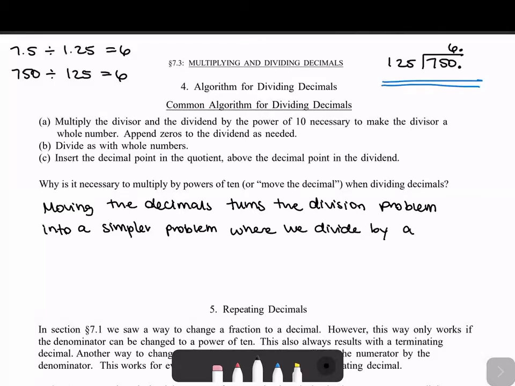The whole point of this algorithm is to turn it into a problem where we divide by a whole number.